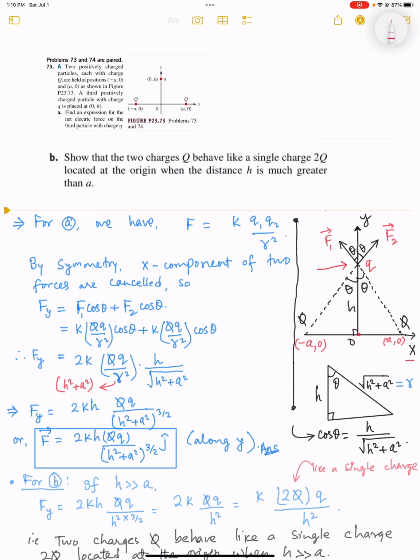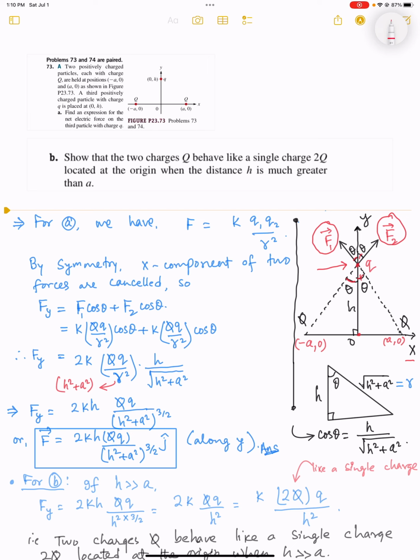I resolve the forces F1 and F2 like this. The angle is theta, this angle and this angle are the same. So this is the y-axis, the charge is here.